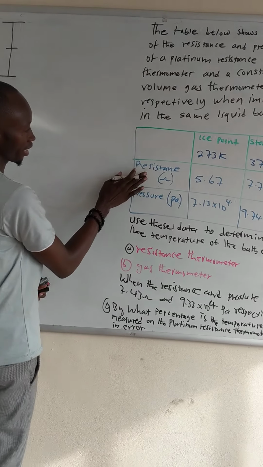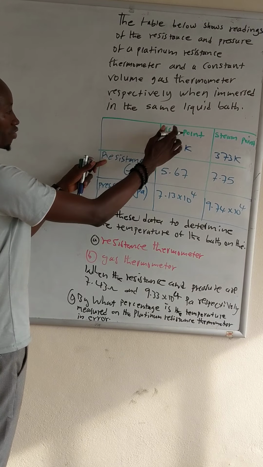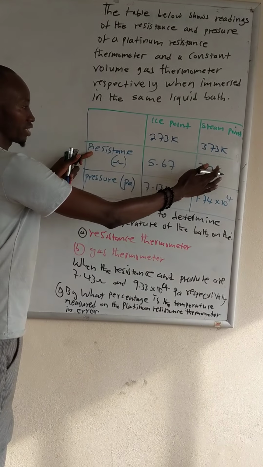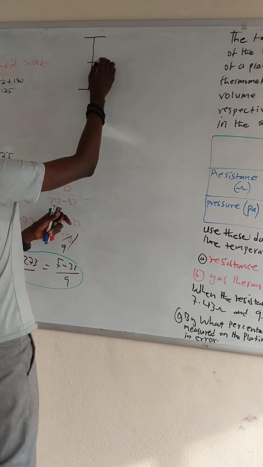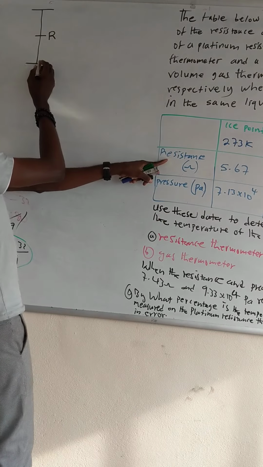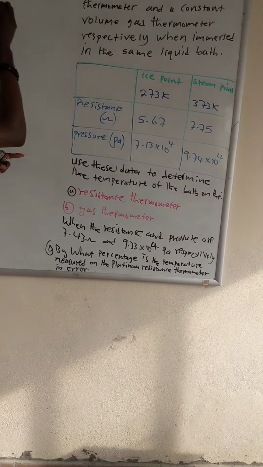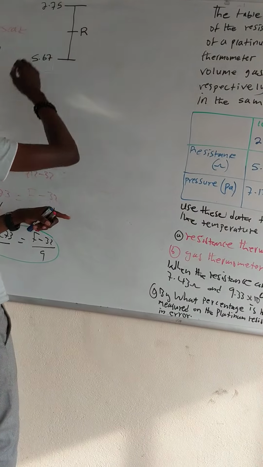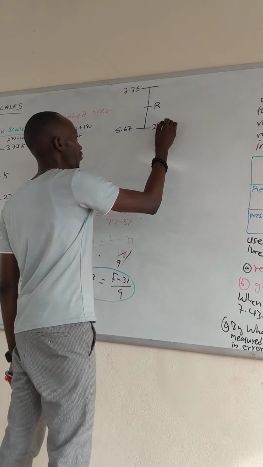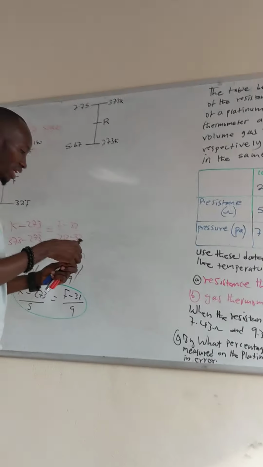If we consider the resistance in ohms, the ice point of the resistance is 5.67, and the steam point of the resistance is 7.75. Let's represent the resistance as R. The ice point is measured at 273 Kelvin, and the steam point is measured at 373 Kelvin. This is the first diagram we are going to consider.